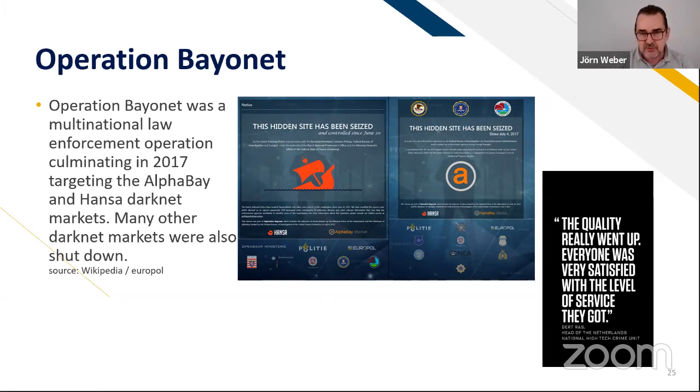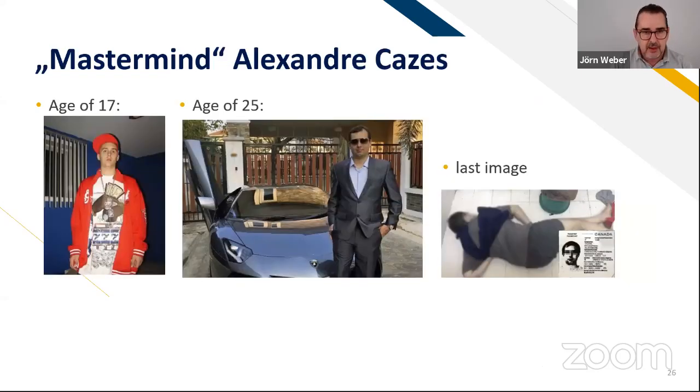Then AlphaBay was also put down, another huge market. And Mr. Alexandre Cazes was the mastermind behind that. So I spent some time investigating what I can find out about this person.